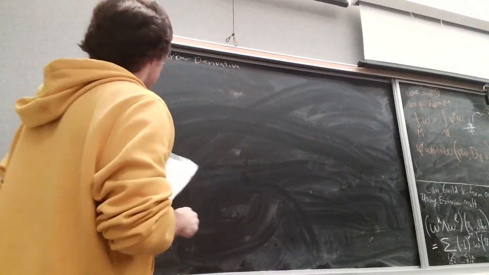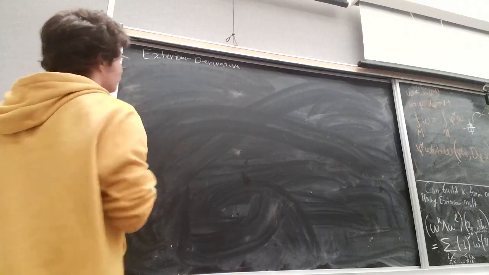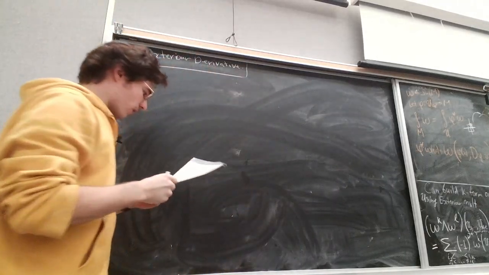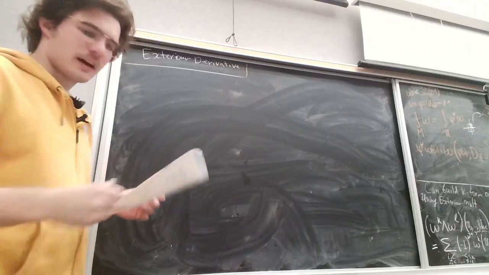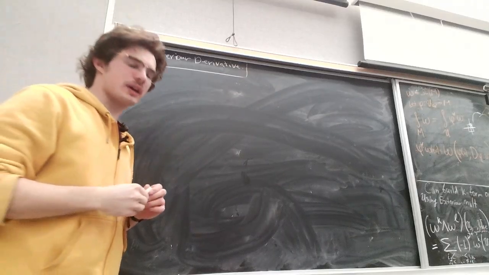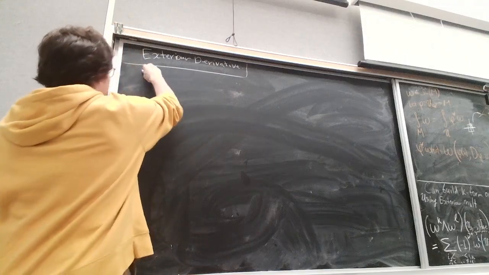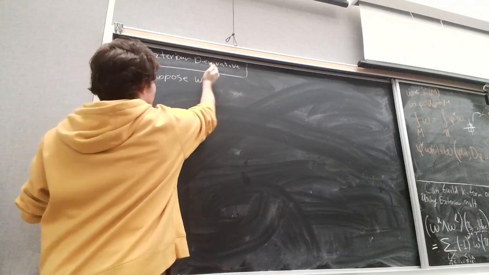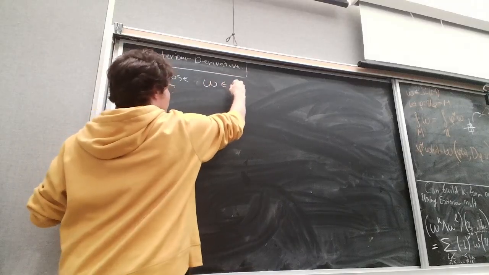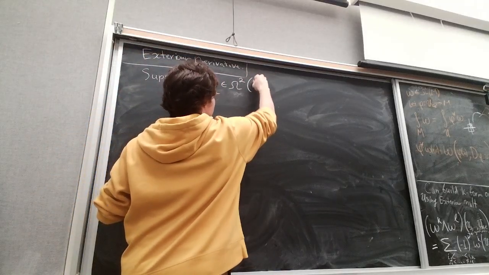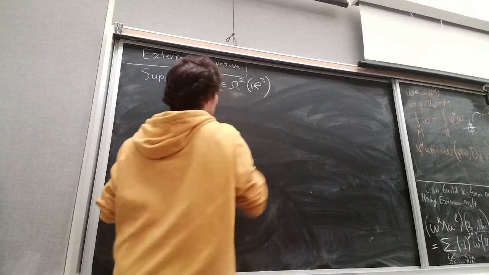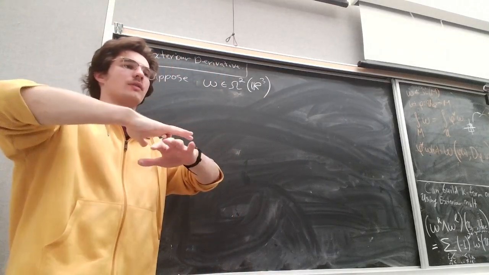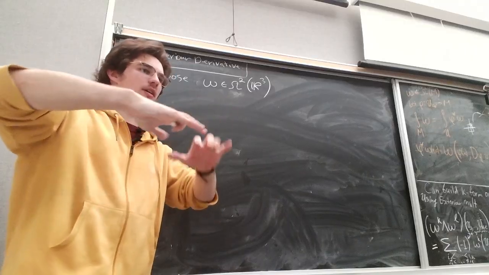But, okay, exterior derivative. How do I do this? I'll give you an example. Suppose we had a 2 form in R3. So I had some form which told me something about 2-dimensional areas in R3.